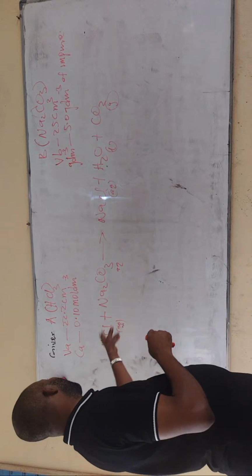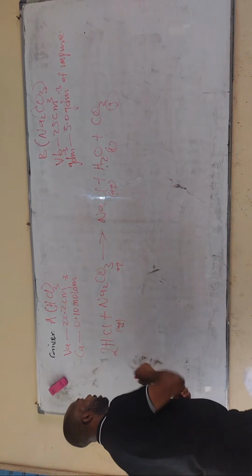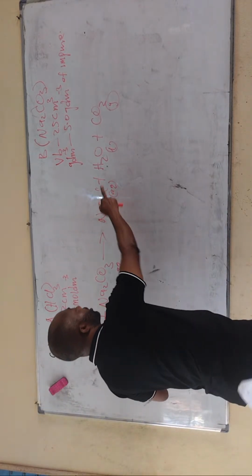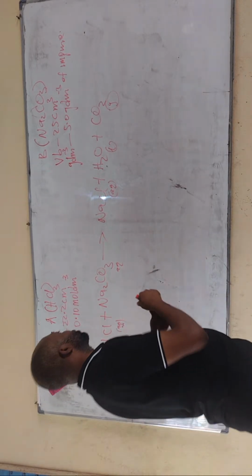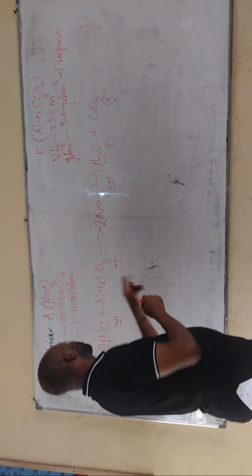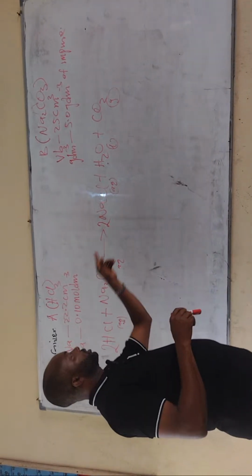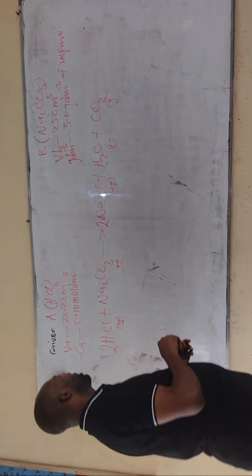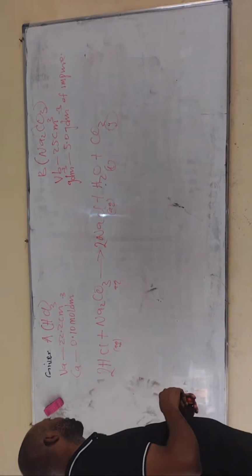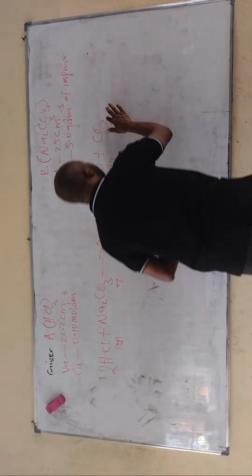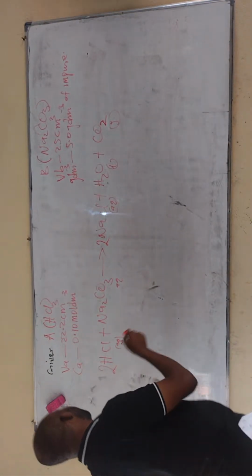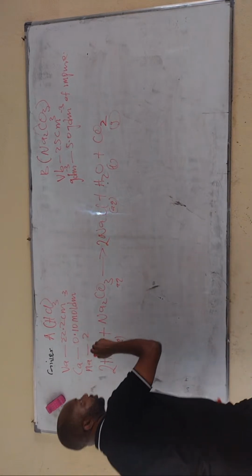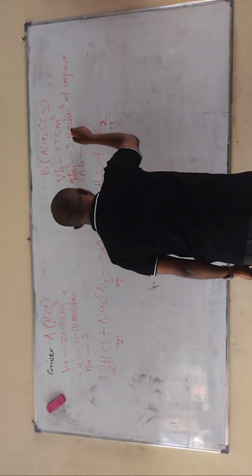We have 2 hydrogen there, 1 here, so I put 2 here. Now hydrogen is balanced. Chlorine is 2, chlorine is 1. Sodium is 2, so I can put 2 here. Now we have 2 sodium, 2 chlorine. Oxygen: we have 3 on each side. So our equation is balanced. The number of moles of acid here is 2. The number of moles of base here is 1.